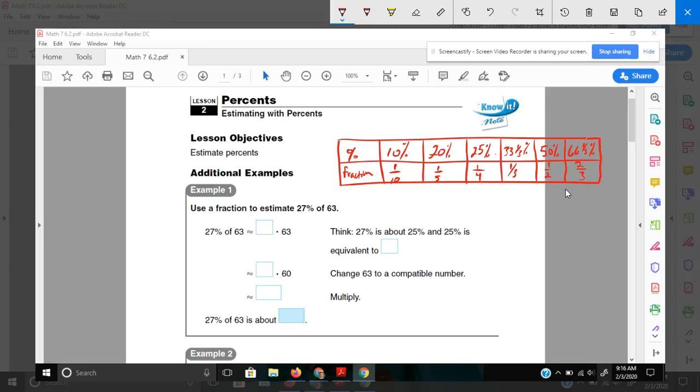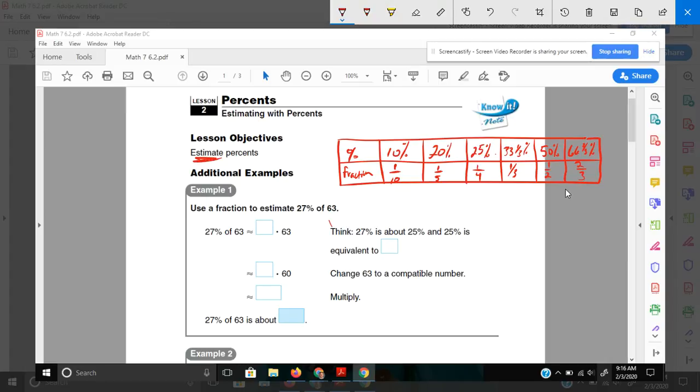You see the relationship here. If you took this quantity and you doubled it, you'd get to that 66 and 2/3 percent, or 66.33%. All right.